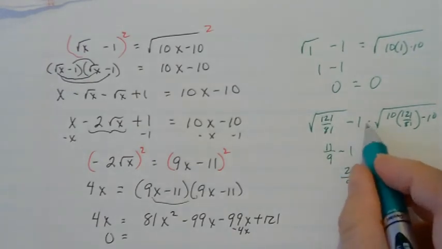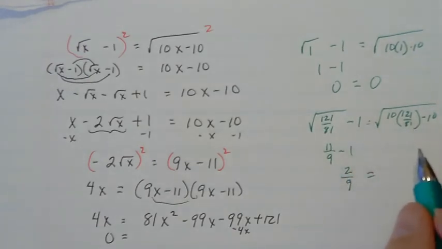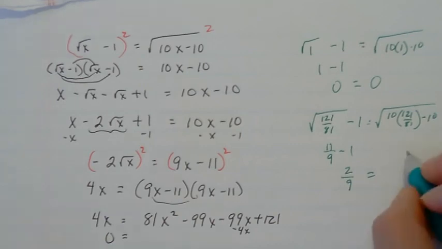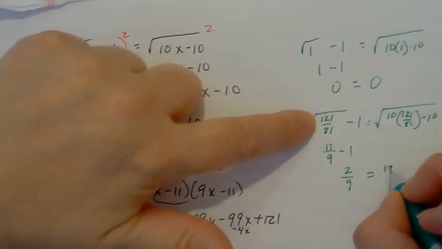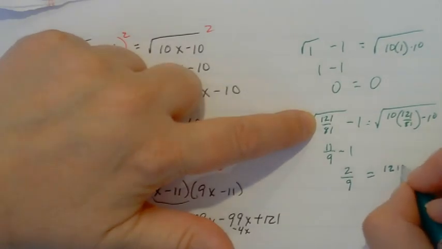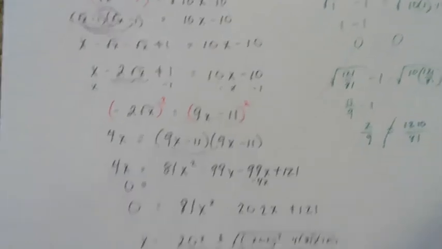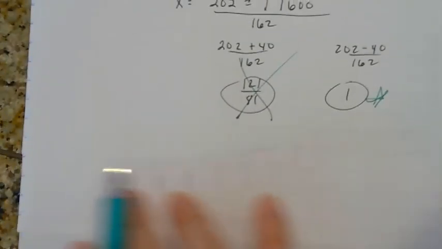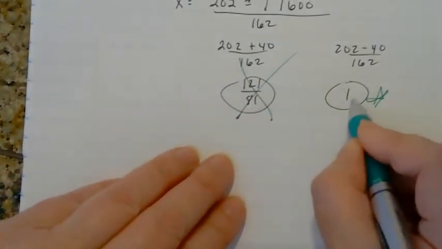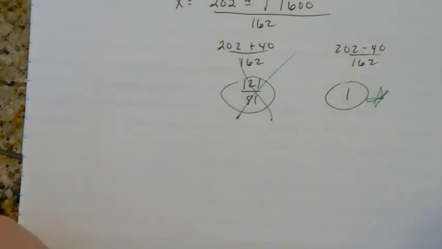And I'm going to see if that's equal to the square root of this, and that would be 1210 over 81 minus 10. This is clearly a number bigger than 1. Subtract 10, so this is going to give me a negative number, and this is 2 ninths. These are not the same, so 121 over 81 does not work. This one's extraneous, this one's not, so my only solution is the number 1.